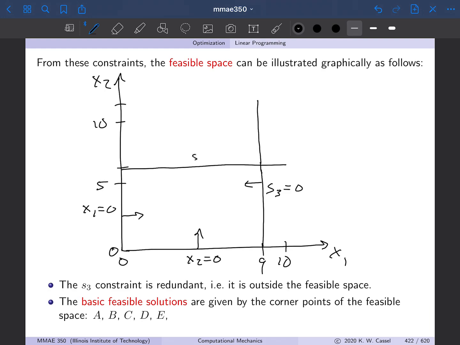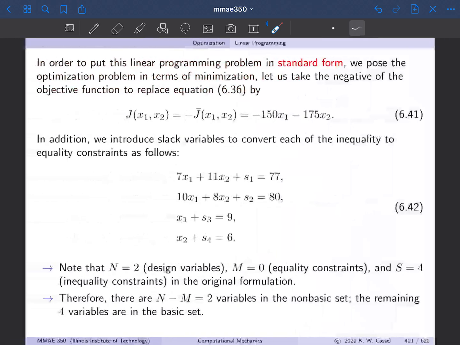This corresponds to S4 is equal to 0, so it has to be less than that. So x2 is less than 6. If x2 is equal to 6, then we're on this line and there is no slack, so S4 would be 0. If we're somewhere less than 6, then S4 is positive. All right, now that takes care of these two right here.